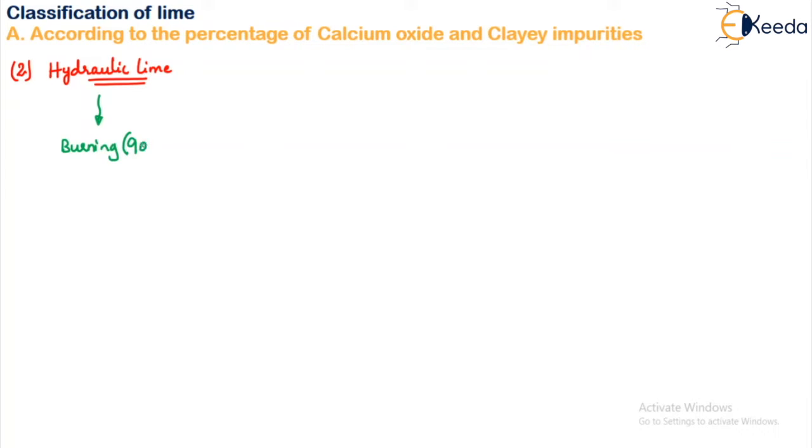Generally the burning is done at 900 to 1100 degrees centigrade. The type of limestone which we use in the manufacturing of hydraulic lime should have very small proportions of clay.